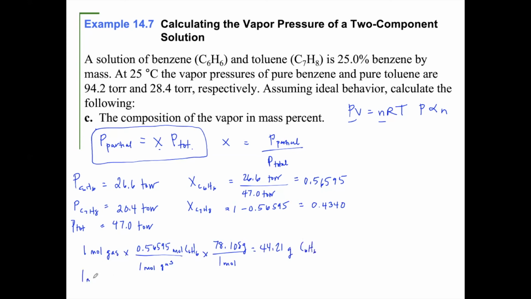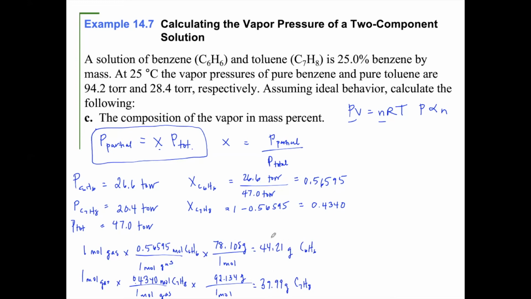Likewise, in this 1 mole of gas, if we were to treat the toluene in the same way, okay, so now we've got these individual masses of both of them.